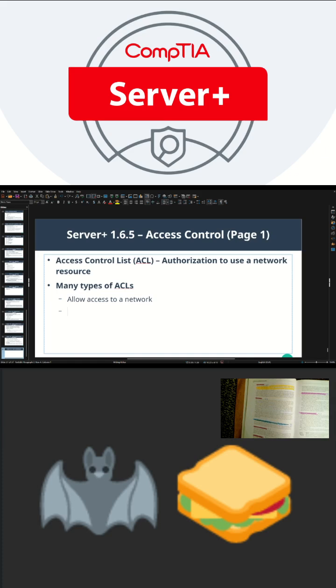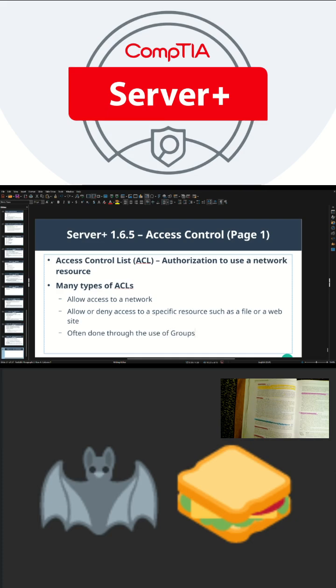Allow or deny access to a specific resource, such as a file, or a website. Often done through the use of groups.